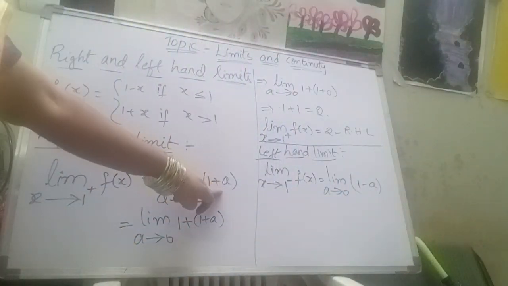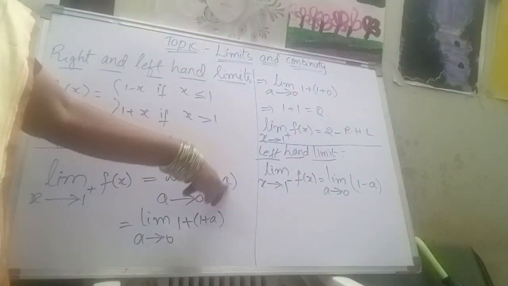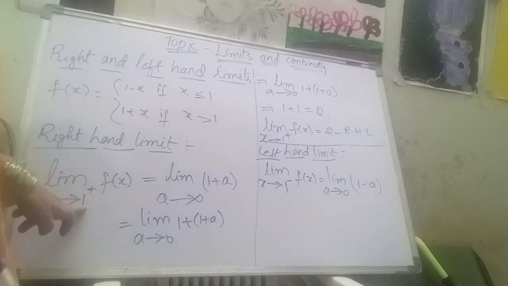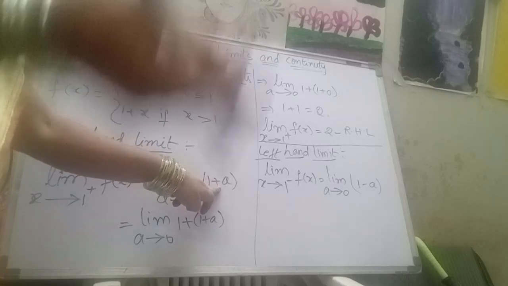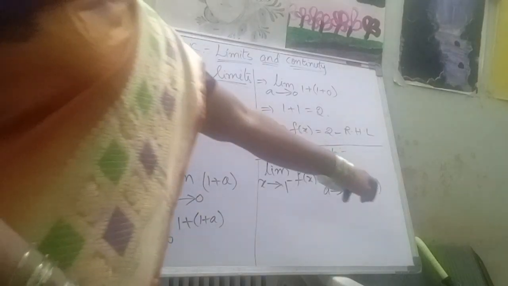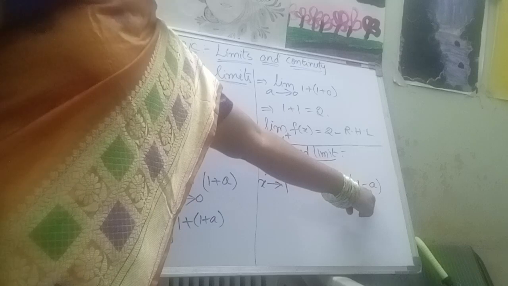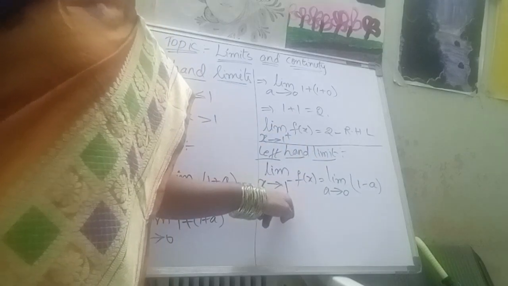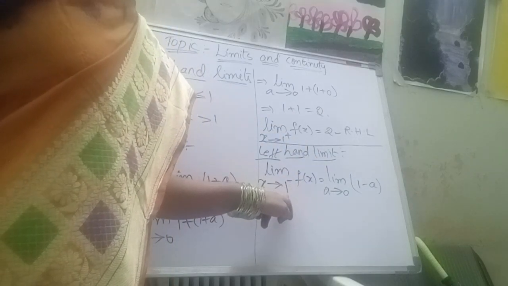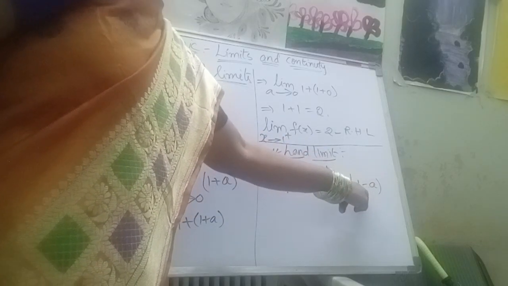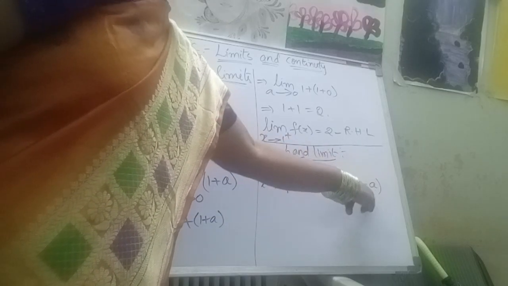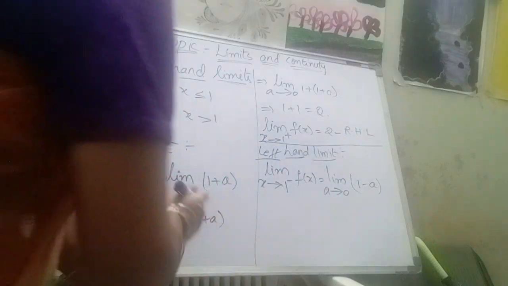Why did we take 1 plus a before? That was above 1, the numbers after 1. If you add, you get the next number after 1. But here I write 1 minus a because this is below 1, so I am subtracting a from 1.